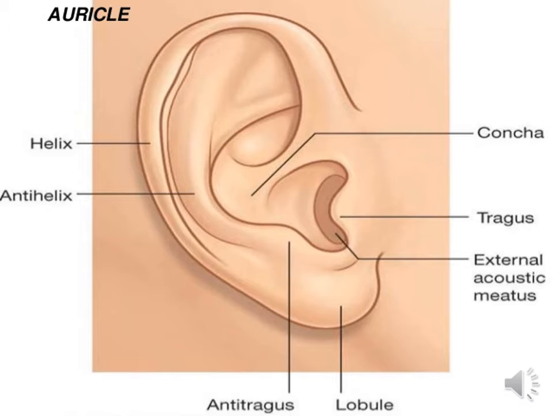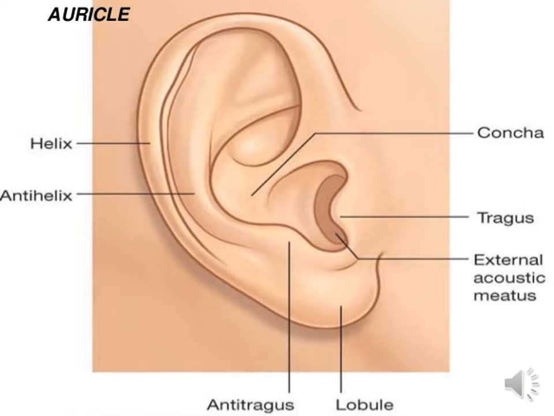This figure shows the parts of the auricle, from external to inside. First, the elevation called the helix, and then the depression called the antihelix. Going inside, we have a triangular elevation called the antitragus, and at the end of the helix there is the fleshy lobule, without cartilage.